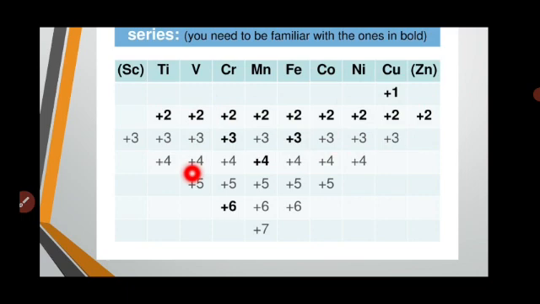Now which element is showing the maximum oxidation state? It is Mn, manganese, which is showing plus 7 as a maximum oxidation state, as well as 1, 2, 3, 4, 5, 6, a total of 6 oxidation states.